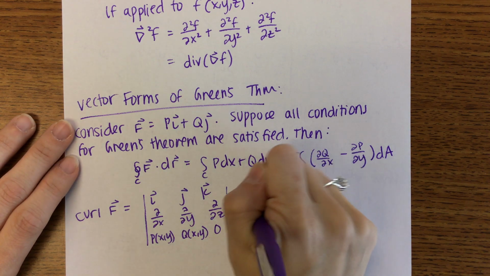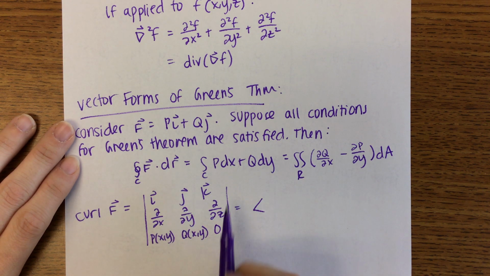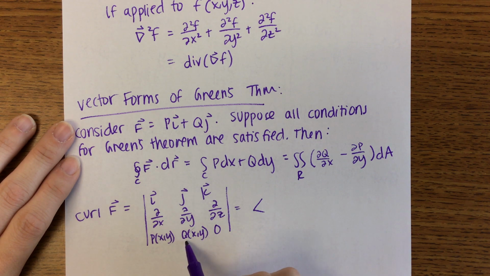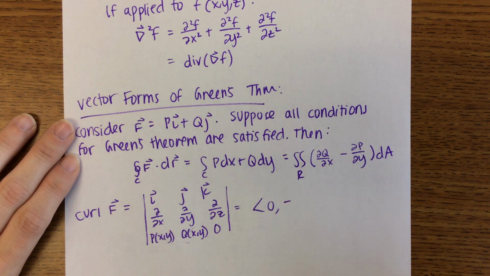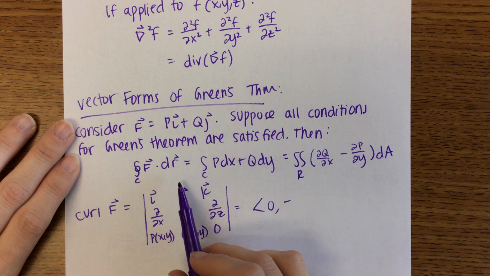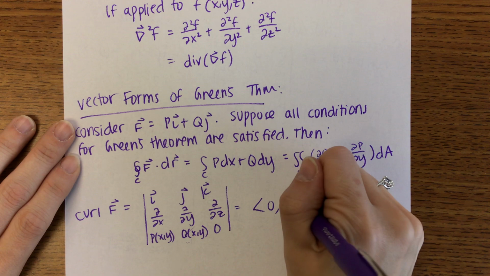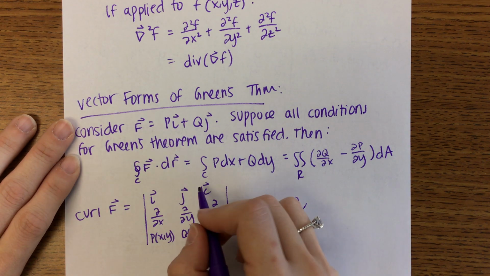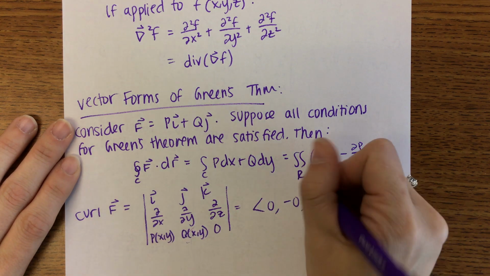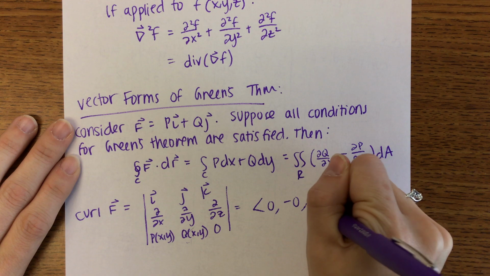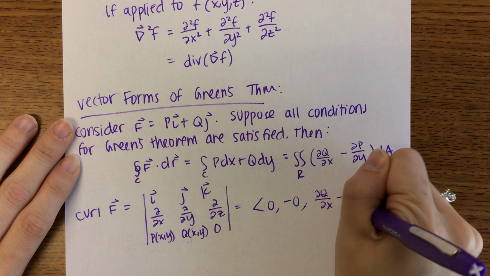Okay, so if we find curl of f, ignore this column, this row, we get the partial with respect to y, which is 0, minus the partial with respect to z of Q of x,y, so that's 0. This one, ignore the column and the row, we get the partial with respect to x, which is 0, partial with respect to z, which is 0. Ignoring here and here, we get the partial of Q with respect to x minus partial of P with respect to y.